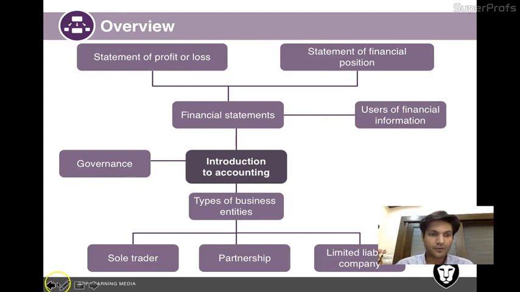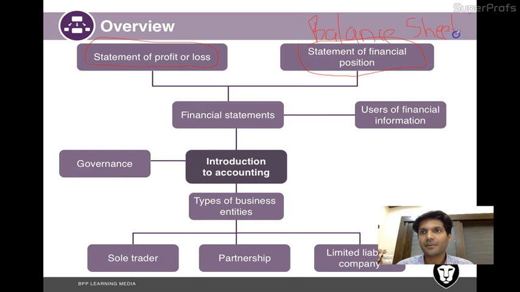First, have a look at this. The first very important thing is the statement of profit or loss. As the name says, this talks about the profit or loss made by your company. And this we also call the balance sheet. It talks about your assets, liabilities and capital.